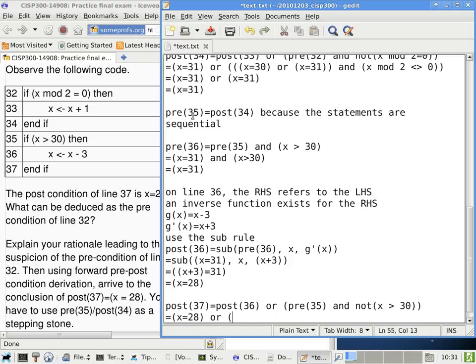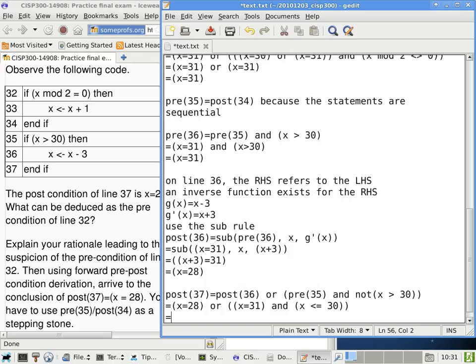Pre-35 is what? X equals 31. X equals 31. Very good. And the negation of x is greater than 30 is just to say x is less than or equal to 30. Okay? And what exactly is this expression here? X equals 31 and x is less than or equal to 30.